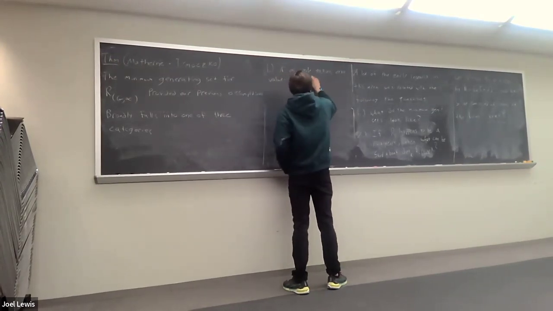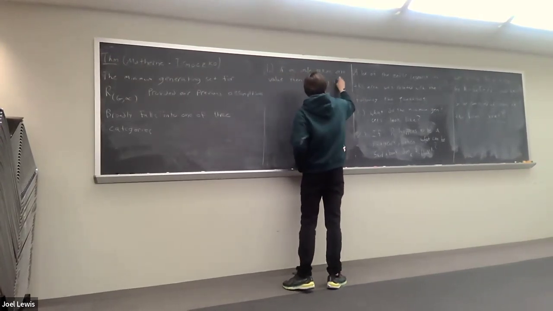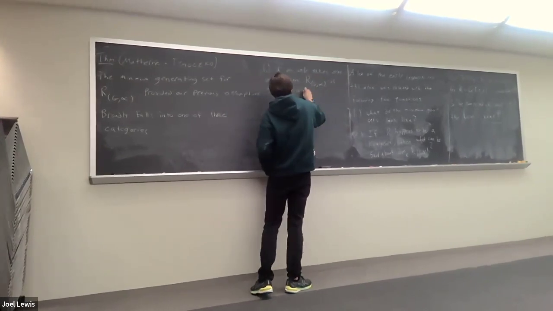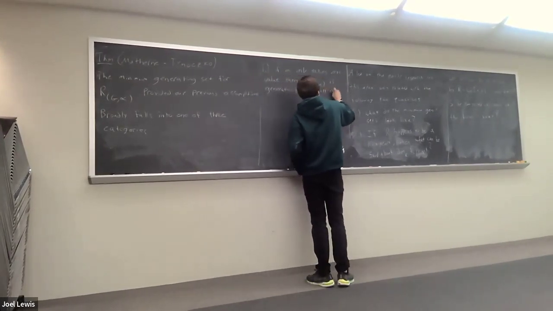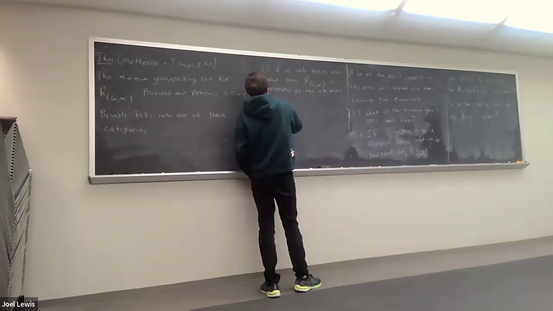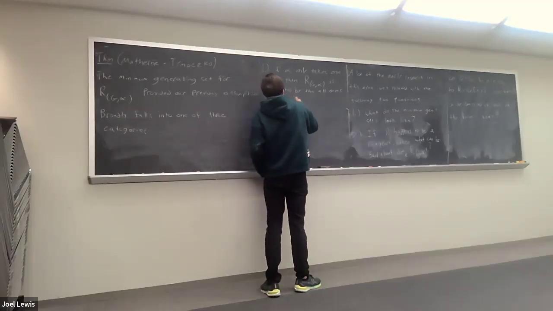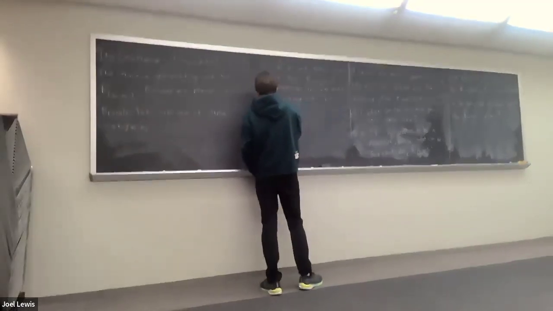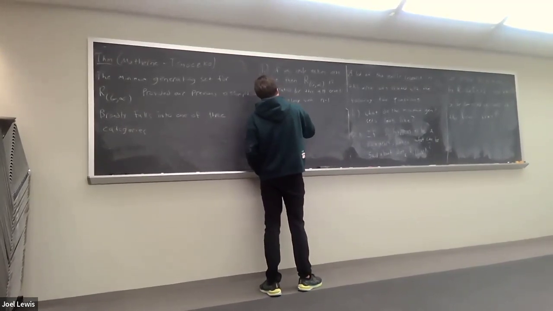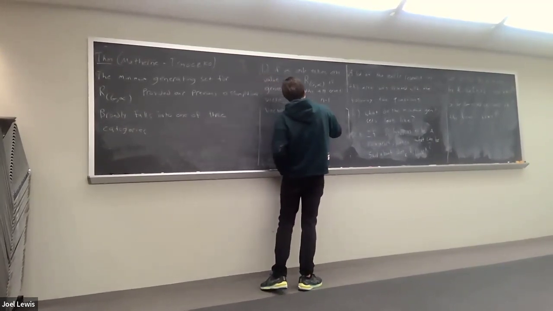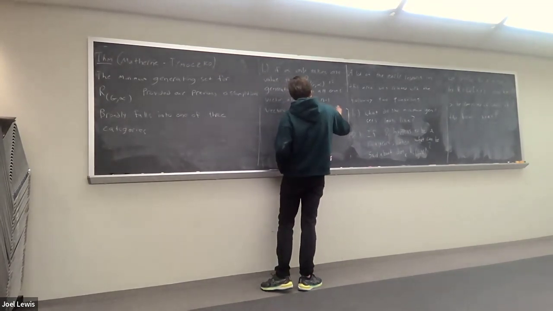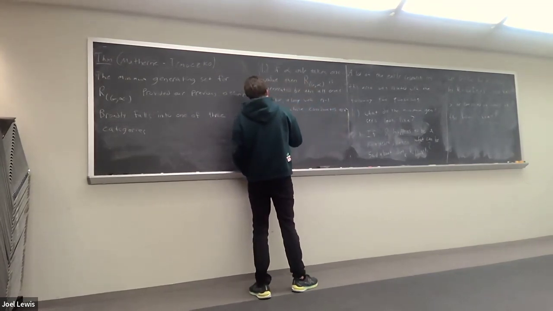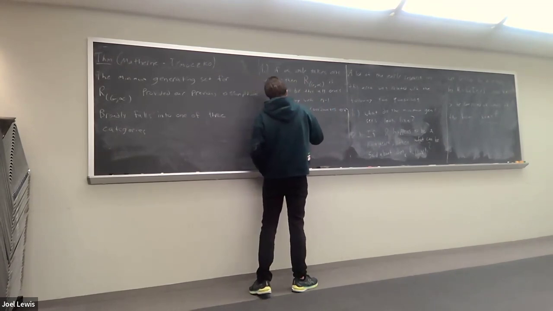Then R in alpha is generated by the all ones vector along with n-1 vectors whose coordinates are homogeneous quadratics.